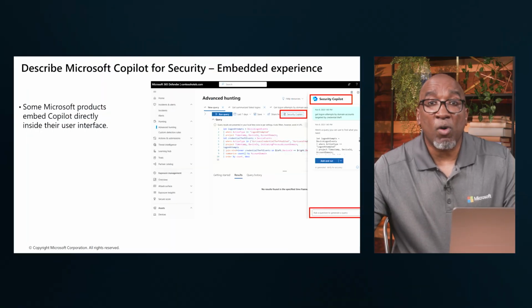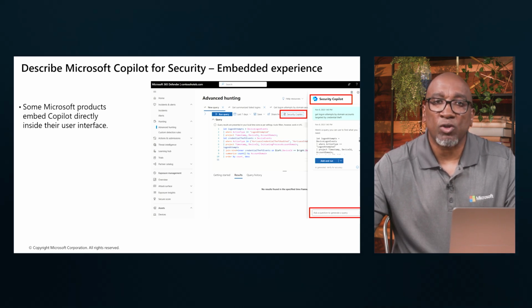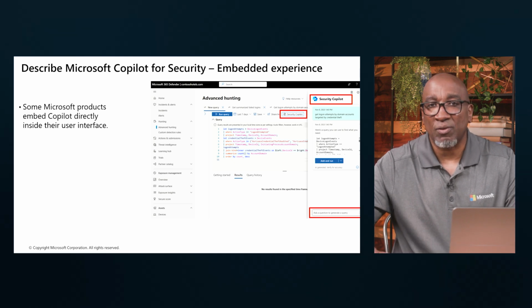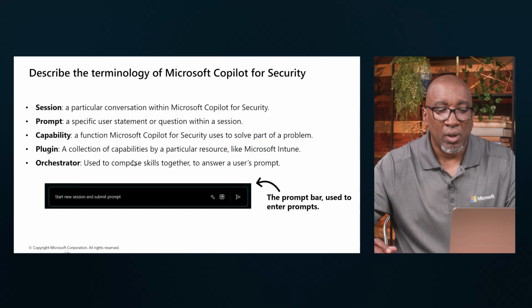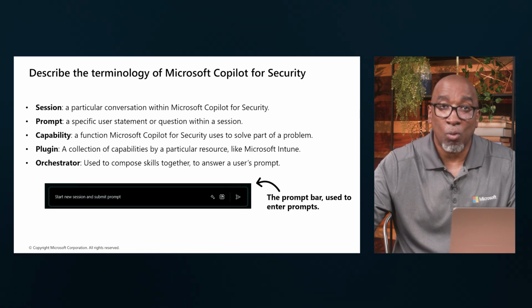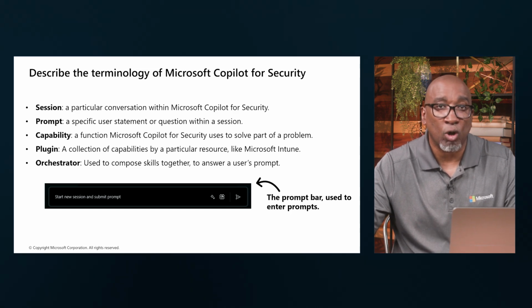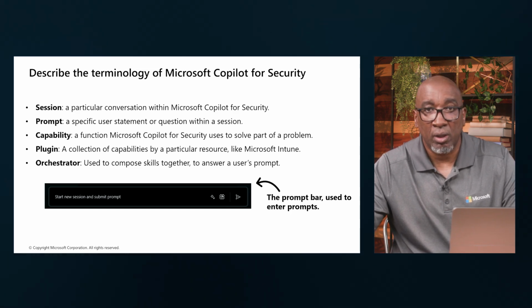All right, so before we get too far down the road in this discussion, let's go over some basic terminology so we're all in agreement about what certain terms mean in the context of Copilot for Security. A session refers to a particular conversation within Copilot, while a prompt is a specific user statement or question within a session.